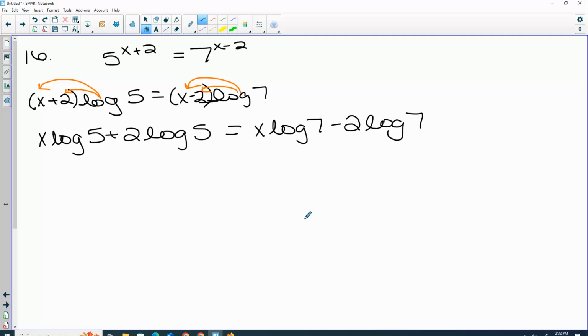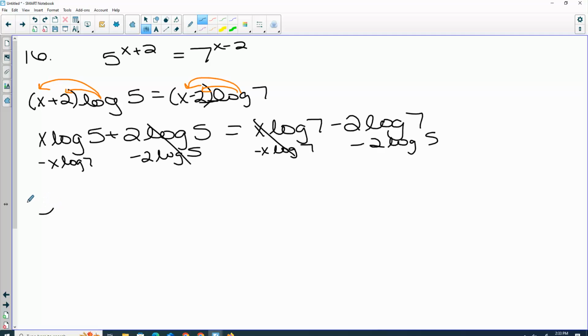How does this help me? Everything with an x on one side and everything without it on the other. Now, when I bring this over, they aren't actually like terms. I can't subtract them. I'm just rearranging things.